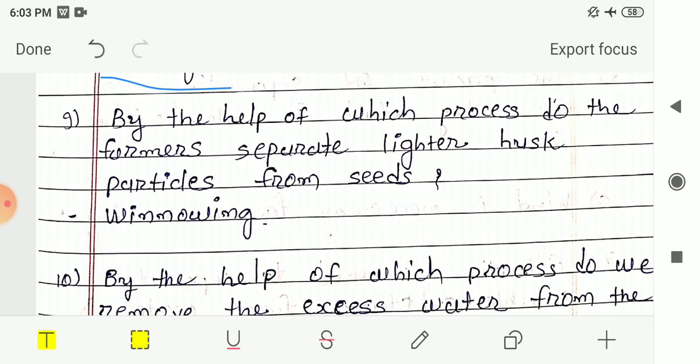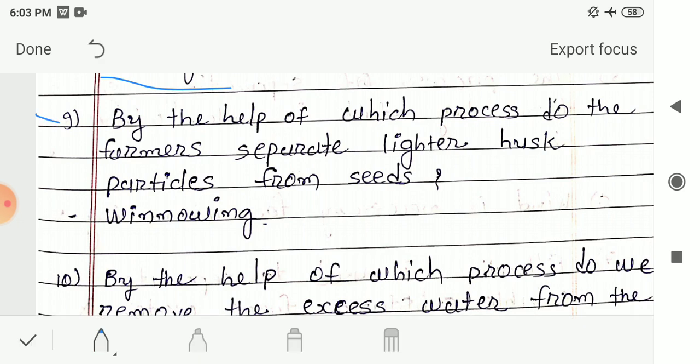Next, ninth number: with the help of which process do the farmers separate lighter husk particles from the seeds? We had seen that if the weights of the two different components are different, that is, one is lighter and one is heavier, like seeds and husk, then we use winnowing. So farmers also use this winnowing method to separate the lighter husk particles from the seeds.